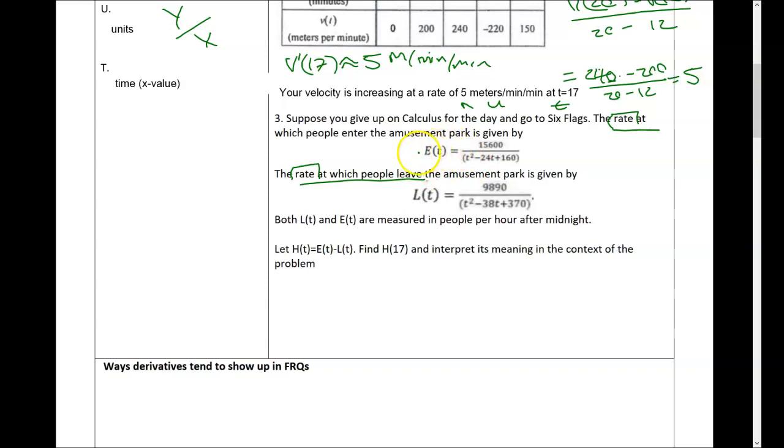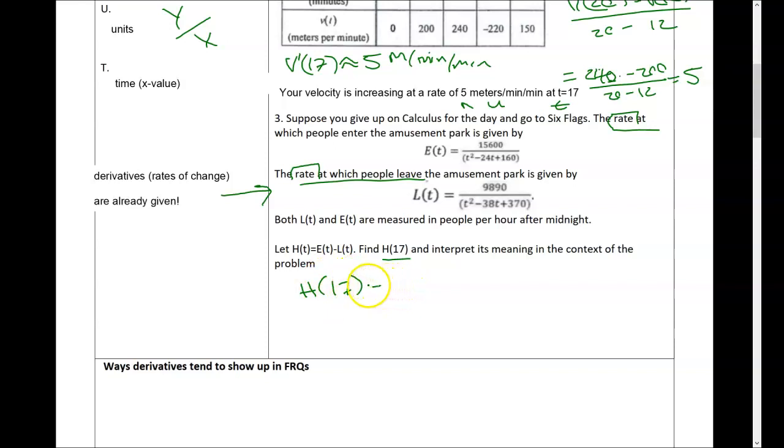Okay, so the key to this one is that these are already derivatives, right? These are already rates of change. So here I have to do almost no work. It tells me that h of t is e of t, the rate that they're going in, minus l of t, the rate that they're going out. And then it tells me to find h of 17 and interpret its meaning.